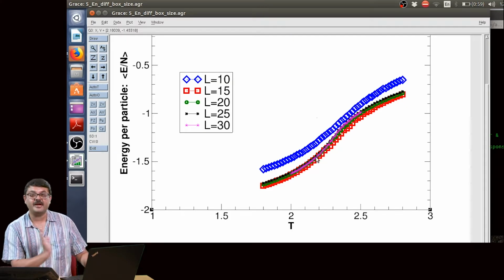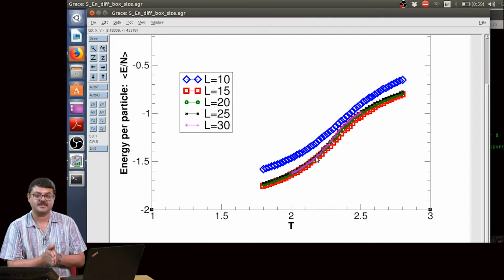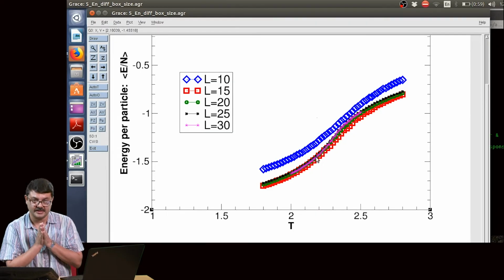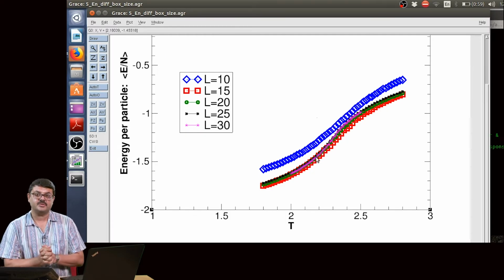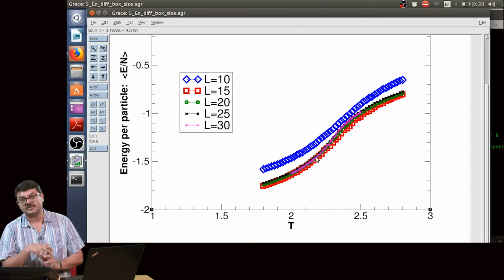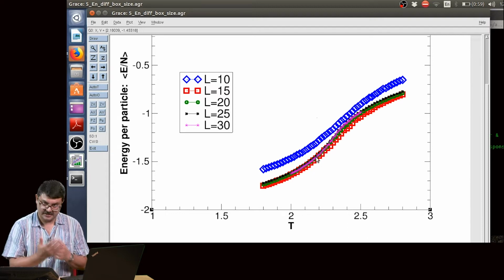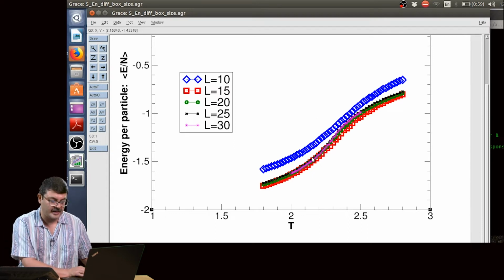So, one has to be aware of these aspects. We cannot just simply run and throw any data at you. You have to check whether there is good averaging, whether you are getting good quality data. Even the quantity that you calculate, does it capture the feature that you want to understand from your simulations, in this case the ferromagnetic to paramagnetic transition.